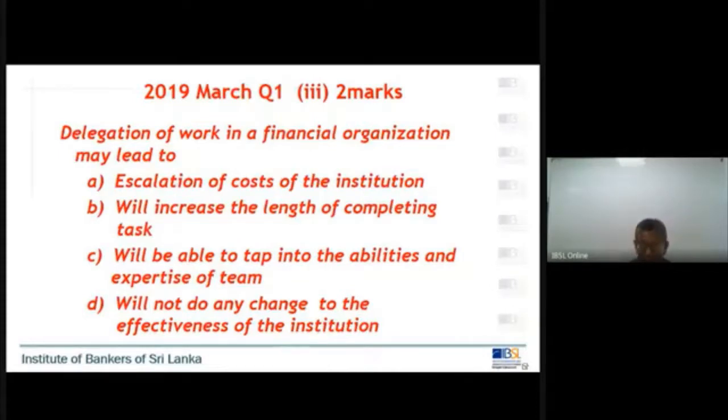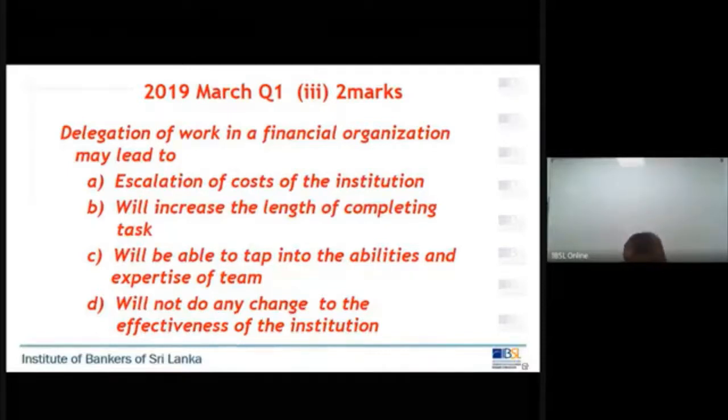The effectiveness of the institution also increases, because the boss's time can be used to do other important jobs. So what is the correct answer?